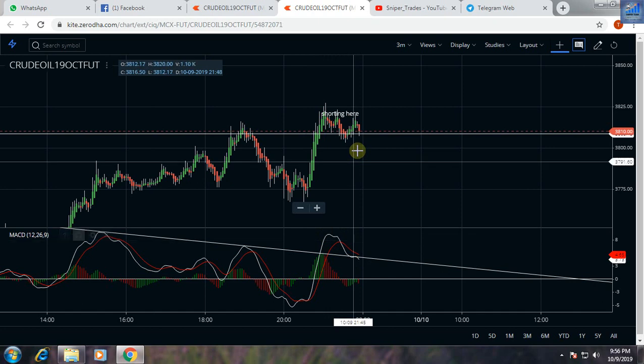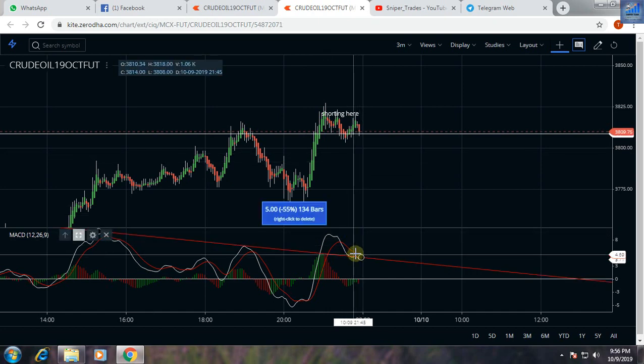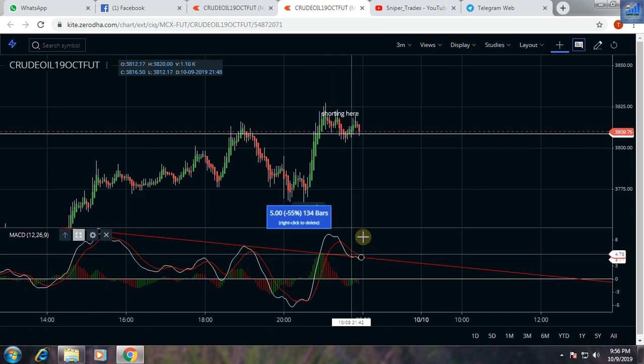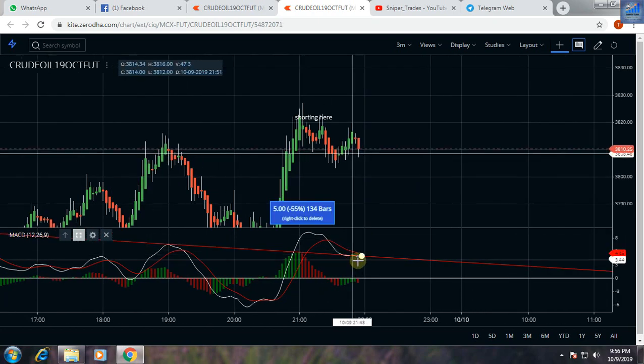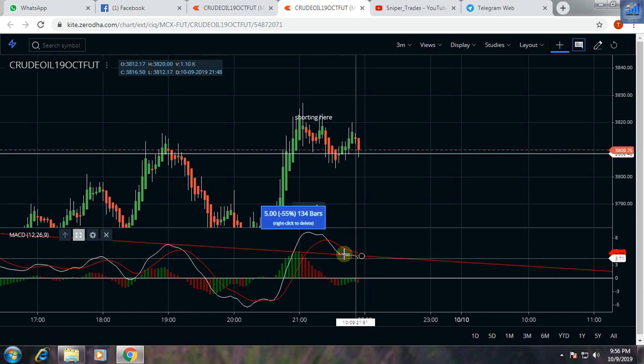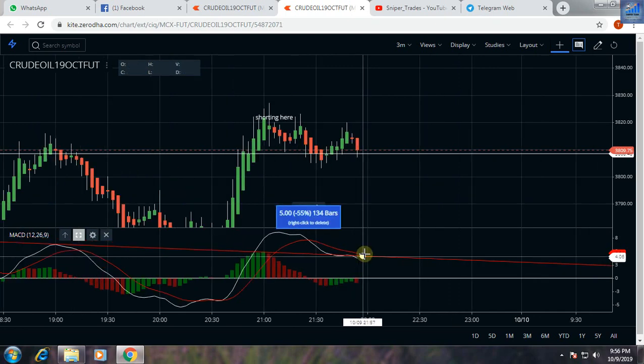At this particular time, the MACD line is at this level, and it is acting as a support. The MACD line is also consolidating at this level, so it must break downwards.